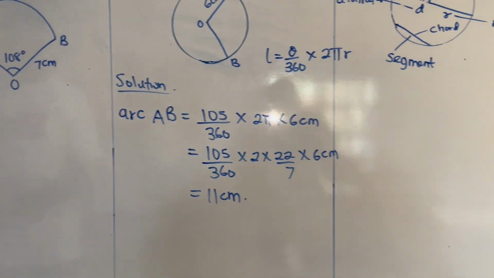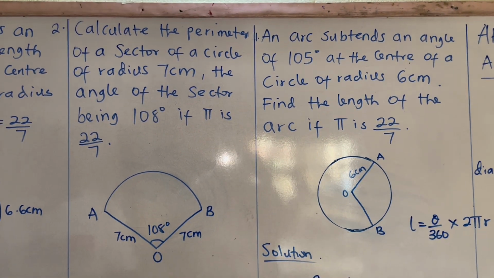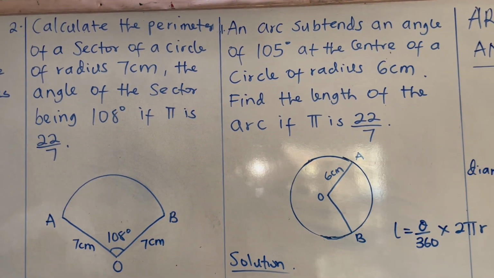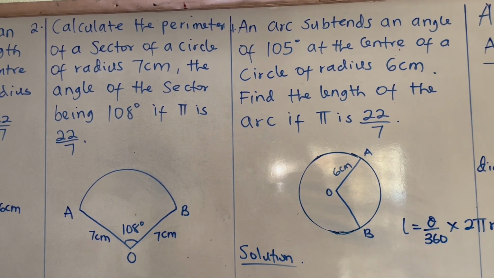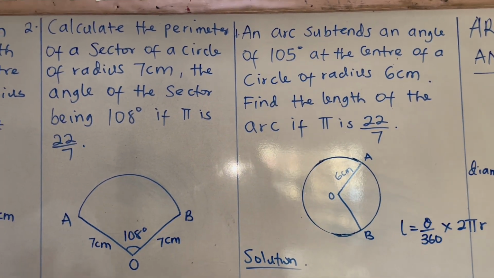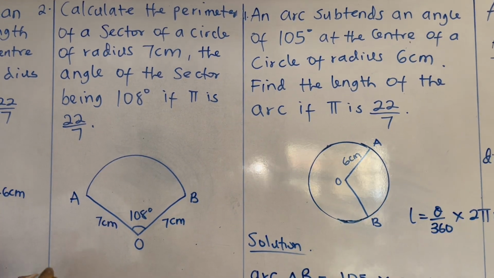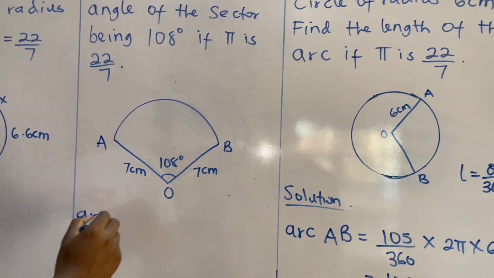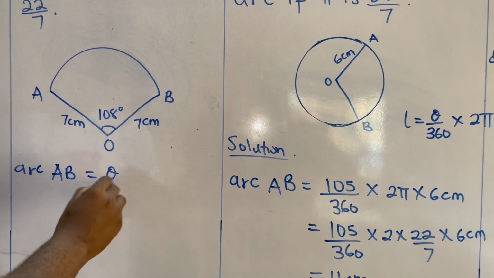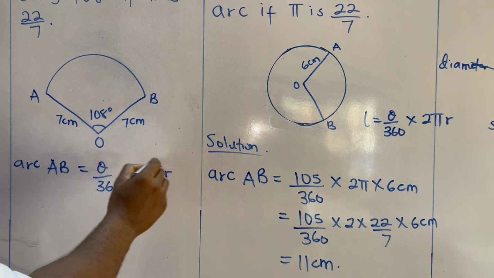For question number 2, we have: calculate the perimeter of a sector of a circle of radius 7 centimeters, the angle of the sector being 108 degrees, if pi is 22/7. Now we have an arc here, AB. For the arc AB, we are still going to use the same formula, theta over 360 times 2 pi r.